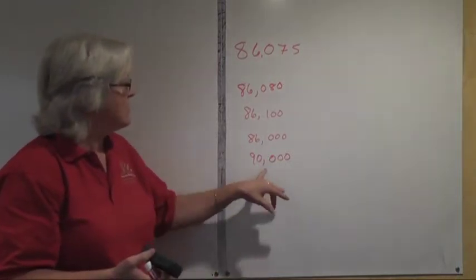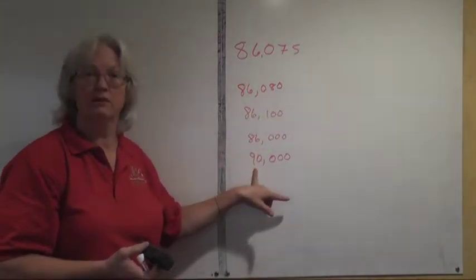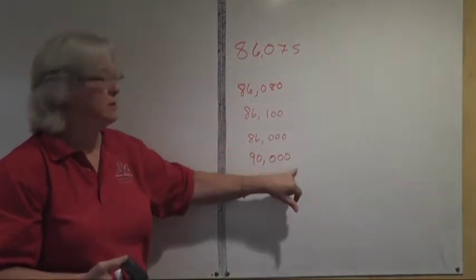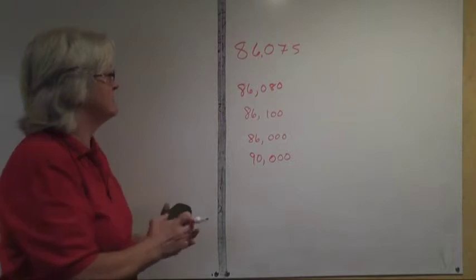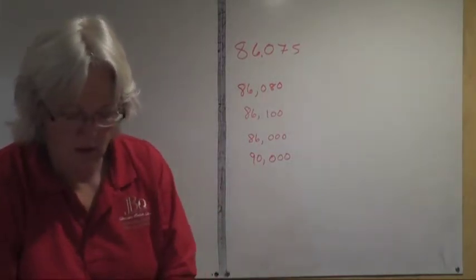What tells us how big a number is is what place value that digit is in. So you have to have zeros with whole numbers, because if you didn't have a zero, what would you think we had going on?